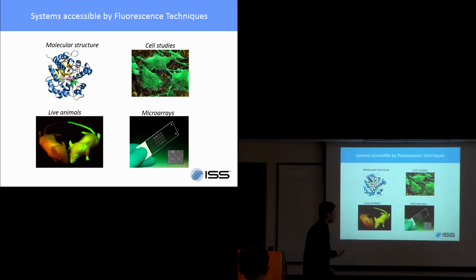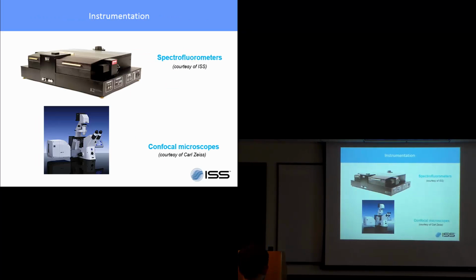These are some of the general applications in molecular dynamics studies. Of course, we can grow GFP proteins and make animals colored, but there are also arrays used in drug discovery in the pharmaceutical industry.